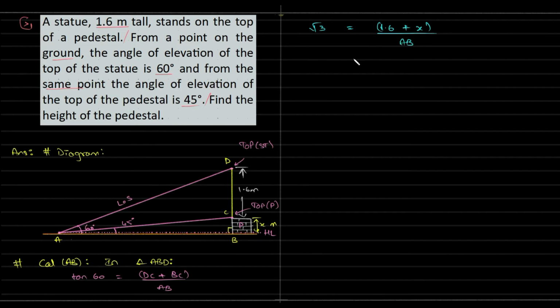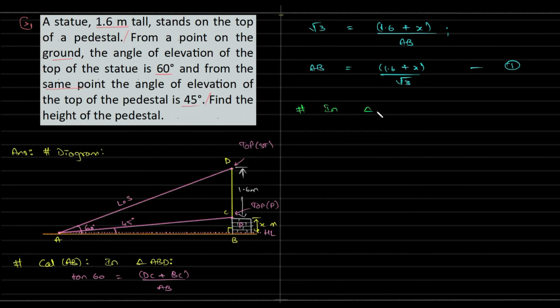So we basically end up with AB being equal to 1.6 plus X divided by root of 3. Anyways, constraint of space now. We'll call this equation 1. Since this is not the final answer, we need not rationalize it. We'll just keep it.